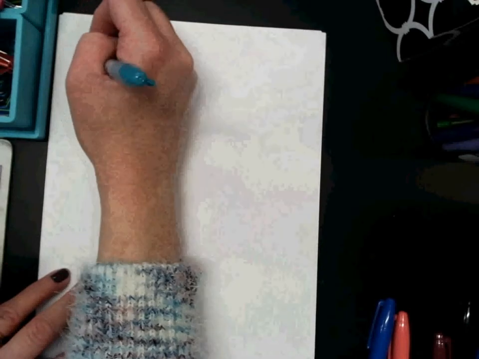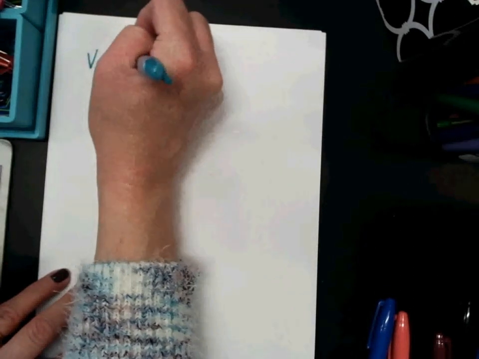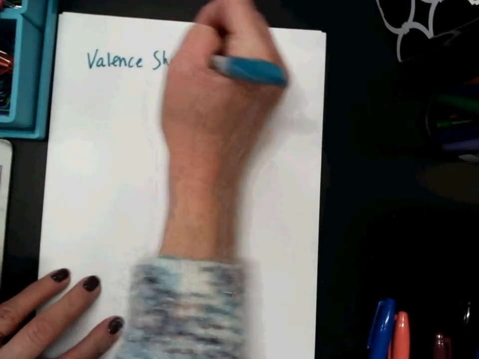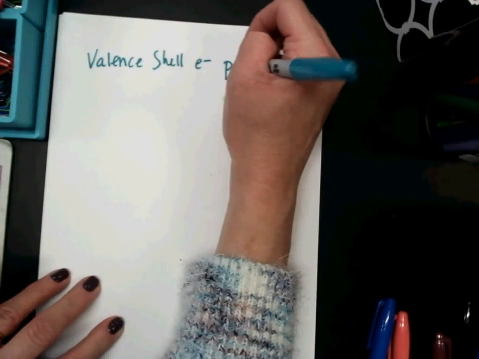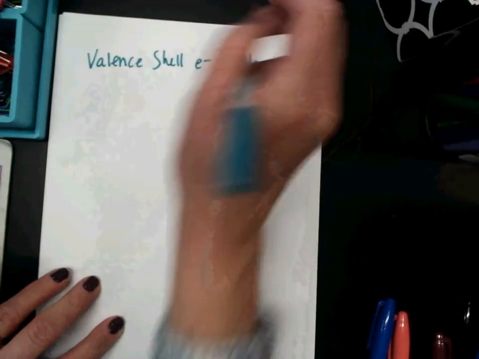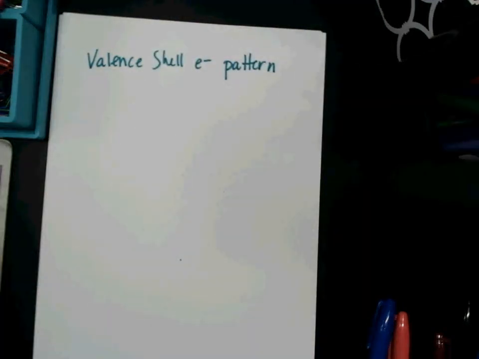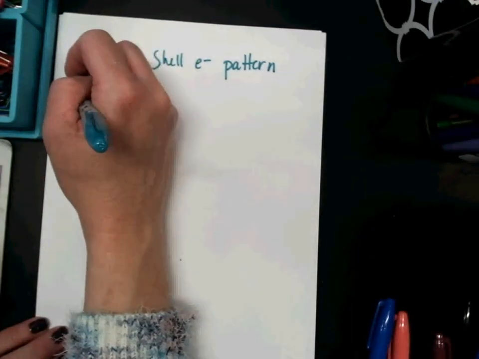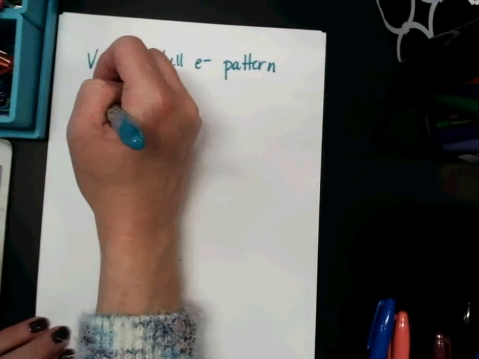If we look at the periodic table, we already know that we have a pattern. So we know we have a valence shell electron pattern. We've talked about it many times. And that's simply the number of electrons in the outer shell.